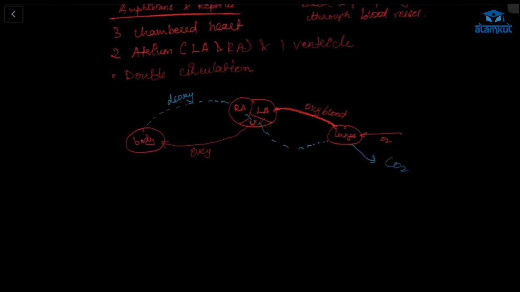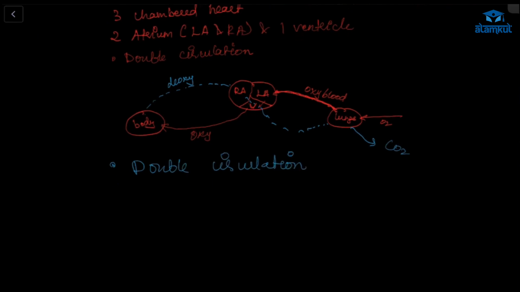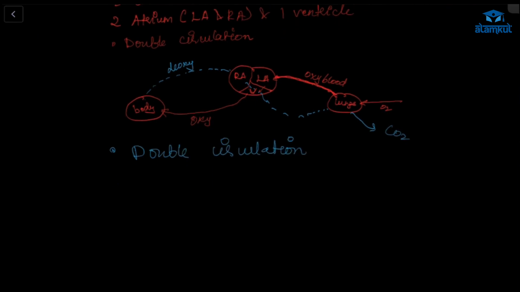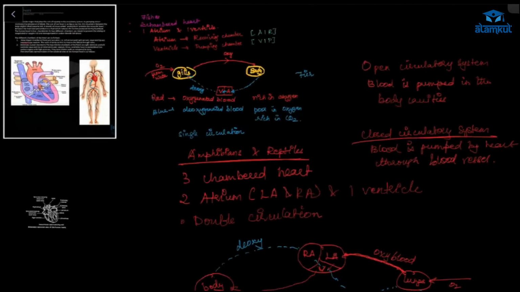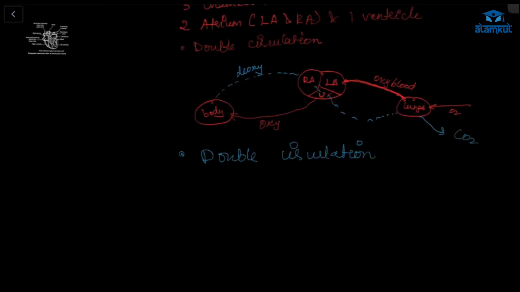So this is double circulation, right? And ma'am, in fishes, was it single circulation? Yes, it was single, right? It is like this only. And here it is going like this, one circulation, then the second circulation, right?